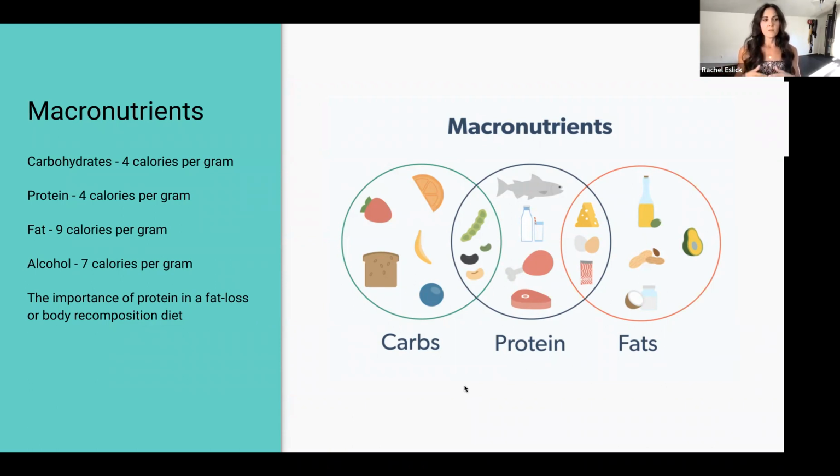So you're going to be losing weight. But your body composition will stay the same. Everything might get a little bit smaller, but you're going to lose fat and you're going to lose muscle. So we want to use macronutrients to manipulate maintaining the muscle on our body and losing fat.